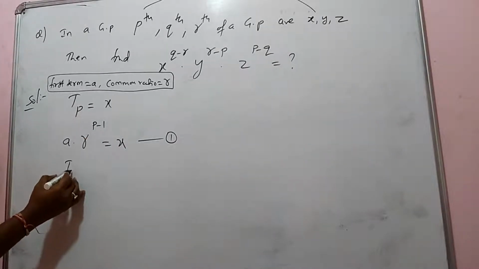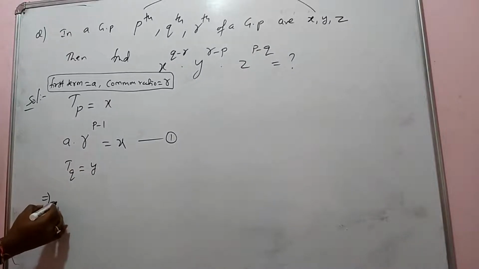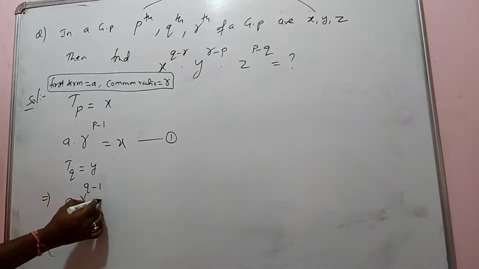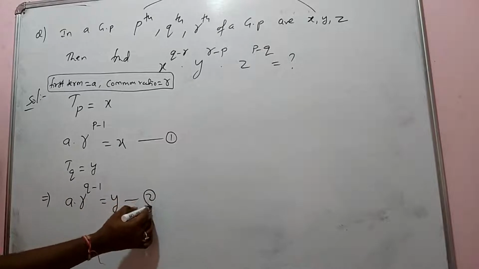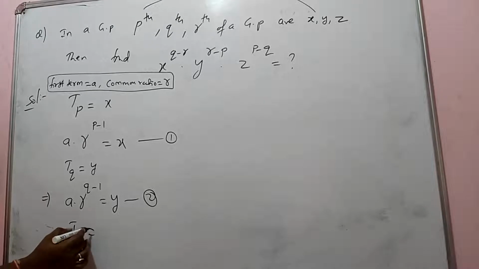Then TQ means the qth term. The qth term is given as y. The qth term can be written as a into r to the power of q minus 1 is equal to y. Next, the rth term is given as z.